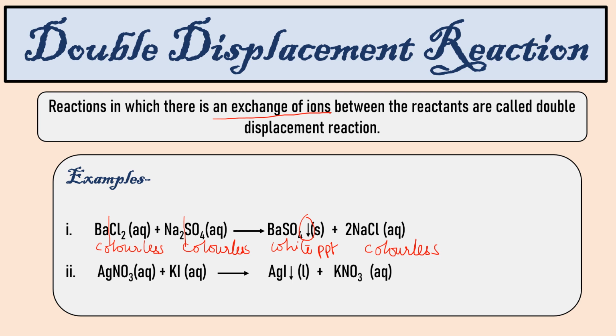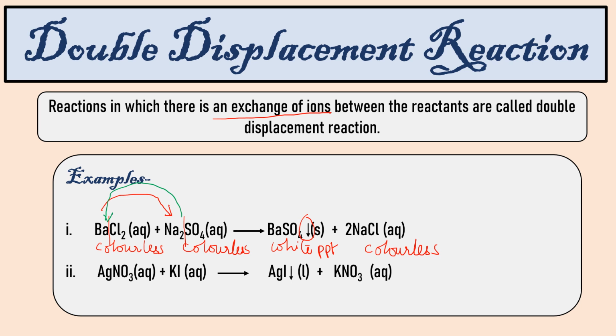Now exchange. Barium takes the place of sodium, and sodium goes and takes barium's place. So there is exchange of ions. What is formed as a result? Barium sulfate is formed, which is a white precipitate, and sodium chloride is formed, which remains in solution.